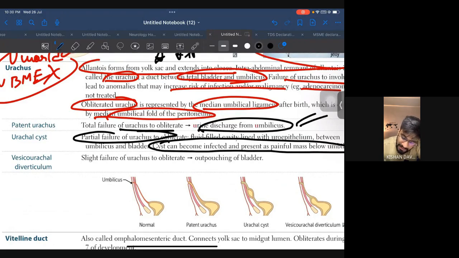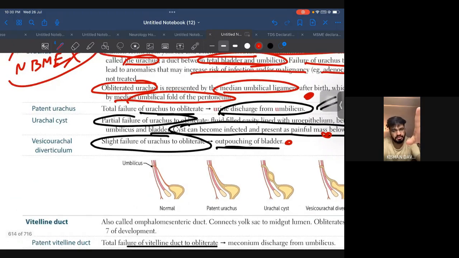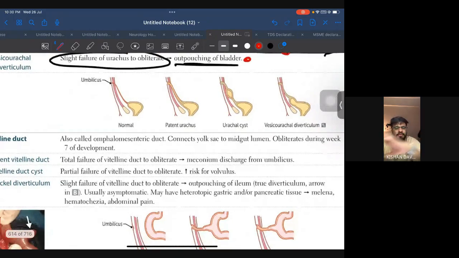Vesicourachal diverticulum: slight failure of urachus to obliterate, an outpouching of the bladder. So these three symptoms, discharge from umbilicus, painful mass below umbilicus, and outpouching of bladder, will help you diagnose the condition. From the NBME point of view it's not important, but there are so many questions, so keep this in mind.